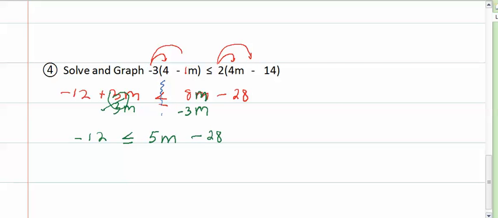Okay, my next step is move the 28 to the other side by adding 28. Okay, so I'm adding 28 to both sides. It's gone over here. It's a 0. I still have my 5m. I'm going to keep my sign.